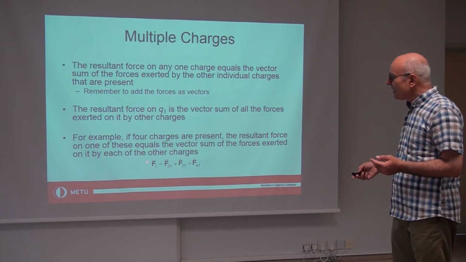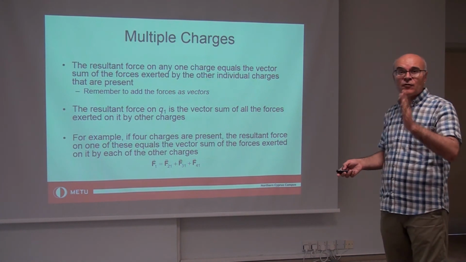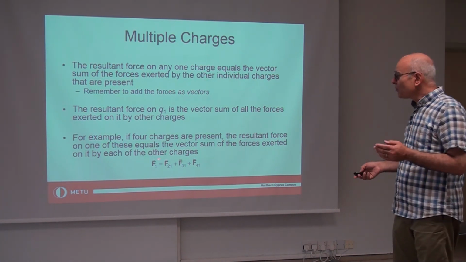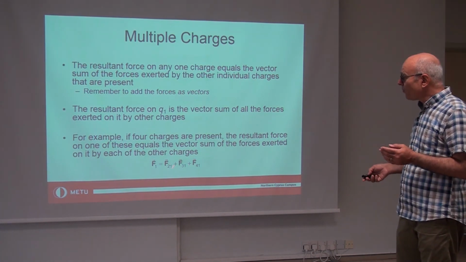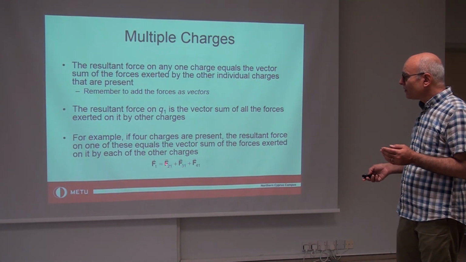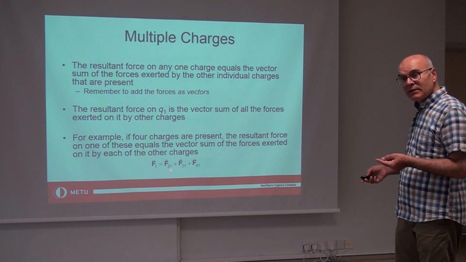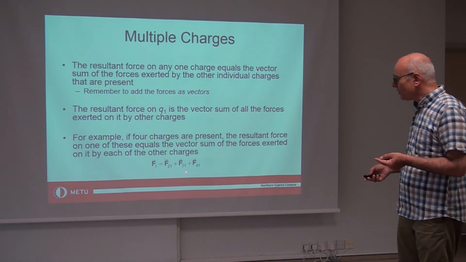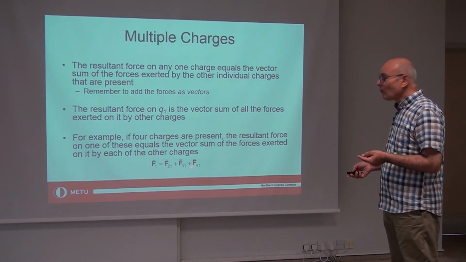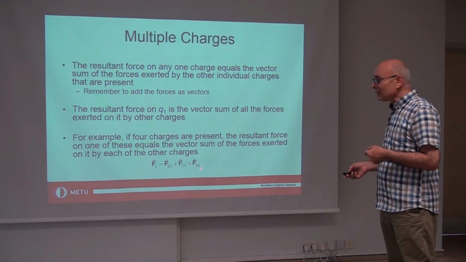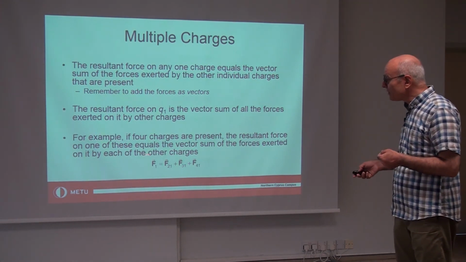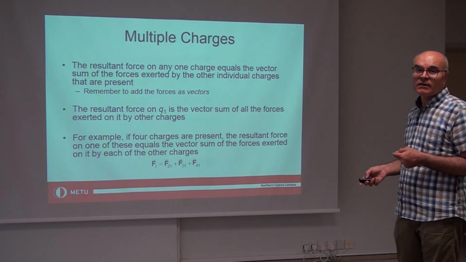Then F1 is the net force on Q1. The net force on Q1 is the sum of the force F21, which is by charge 2 on charge 1, and F31, the force by 3 on 1, and F41, the force by 4 on 1. When you add them together, you get the net force F1.